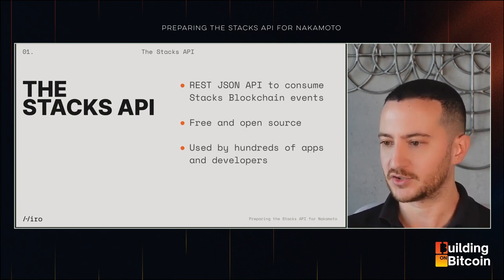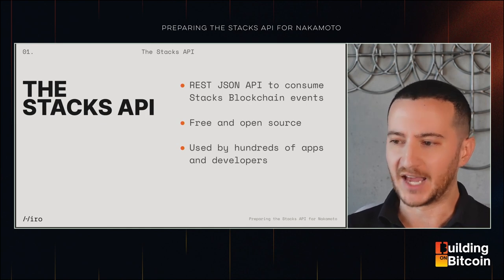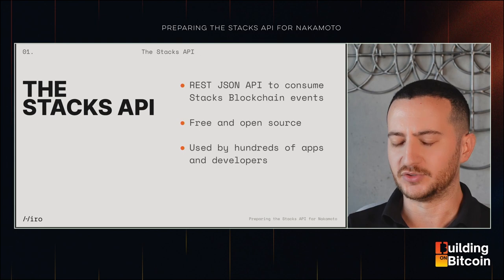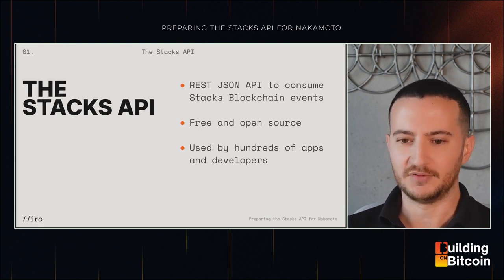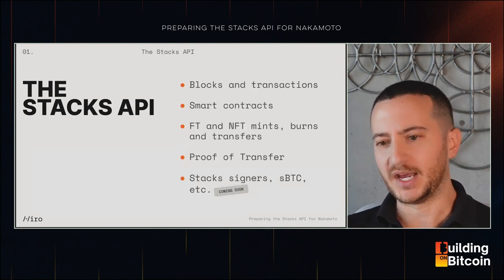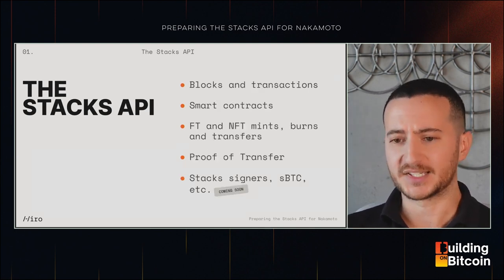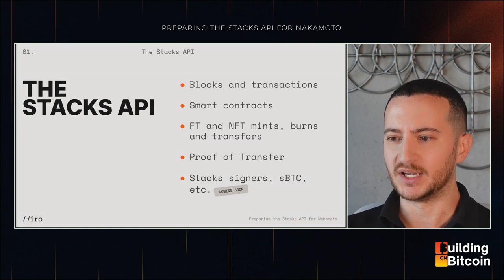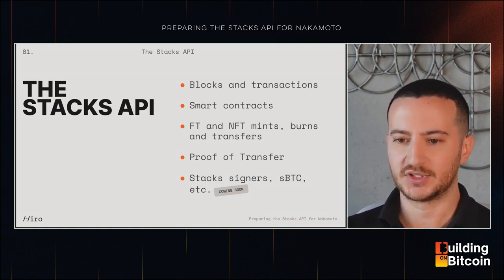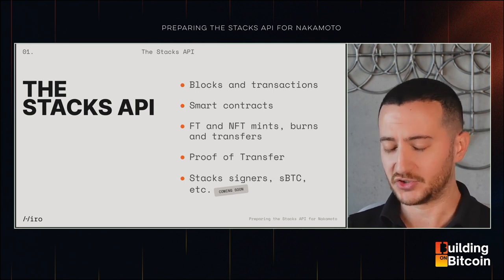As I mentioned, it's free and open source. We have guides if you're interested. We have extensive documentation. You can actually request an API key if you're interested in building applications over it. But the basic idea of the API is that, as I mentioned, it gives you the history of the Stacks chain. You can see blocks, transactions, all the smart contracts that exist on chain.